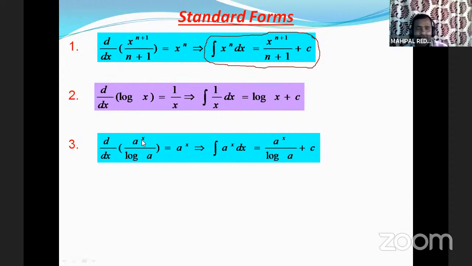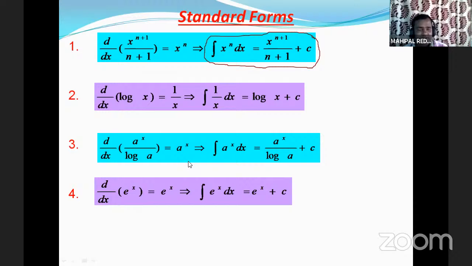The derivative of a power x is a power x into log a, so the numerator log a and denominator log a get cancelled, and we get only a power x. That implies integration of a power x dx equals a power x by log a plus c.